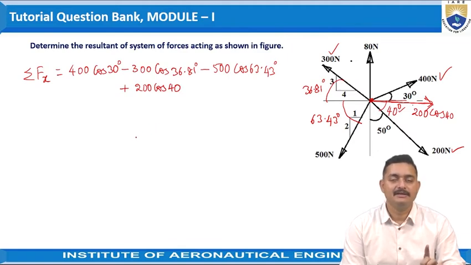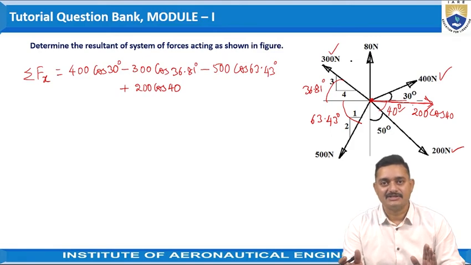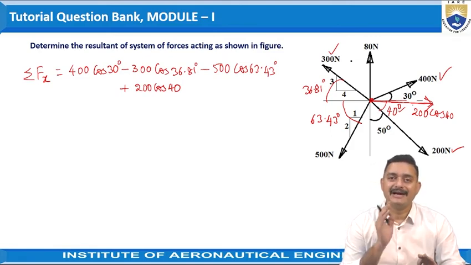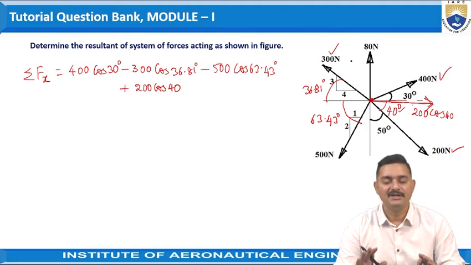Always keep in mind, as we have discussed earlier, all the positive axis direction forces will be positive forces and all the negative axis direction forces will be negative forces. So keep it in mind, and while considering the direction, you can use any form, but from the starting of the problem until the end of the problem, you should use the same unidirectional method.